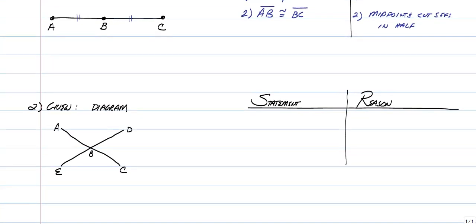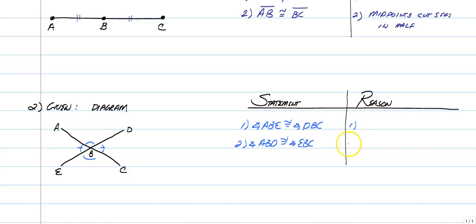A lot of times you don't need a very specific given at all. Sometimes all you need is a diagram. Whenever that happens, you don't need to write number one, given diagram. But you can start listing stuff automatically. We know that there are two sets of congruent angles in here. So we can say that angle ABE is congruent to angle DBC, and we could also say that angle ABD is congruent to angle EBC.